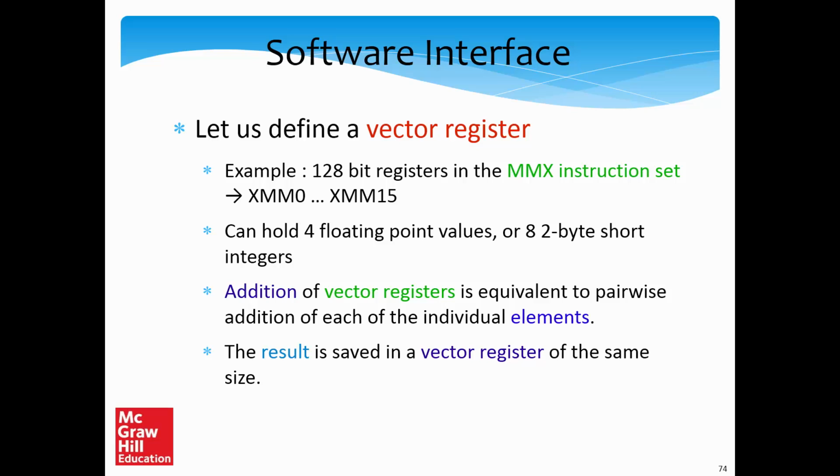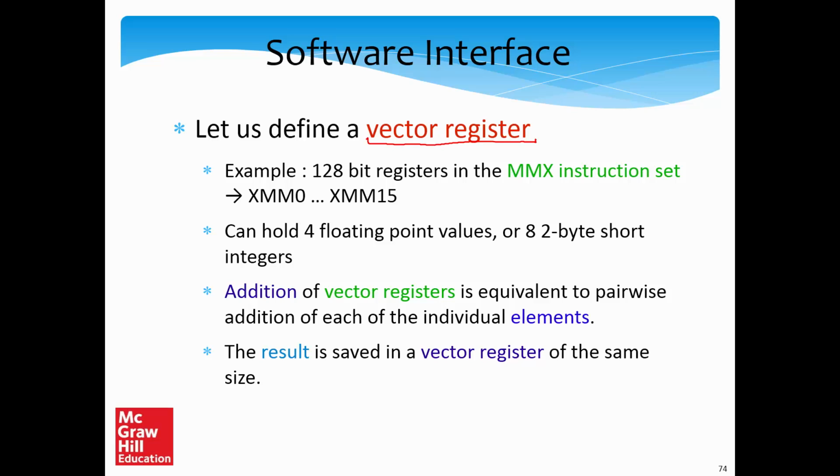So let us look at the software interface of a vector instruction. We need to define a vector register. A vector register, as opposed to a scalar register, can actually contain multiple values, an array of values.